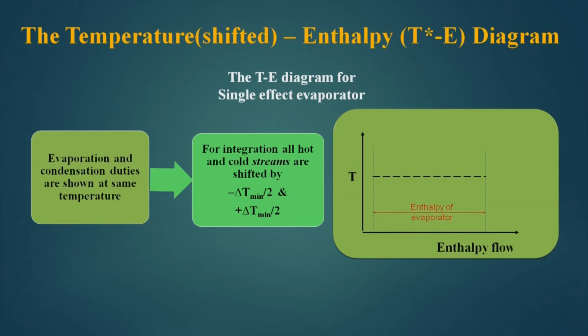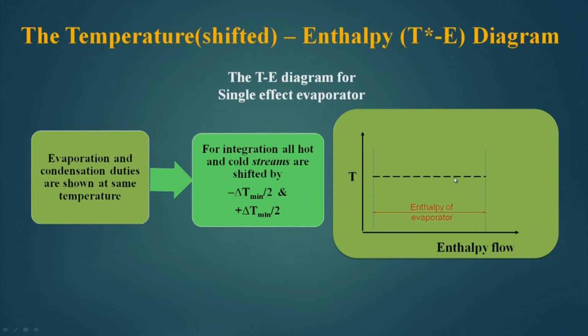So, this is the line which, if shown in actual temperature, will coincide. The temperature of the boiling liquid and the vapor which is being created due to this boiling liquid will have the same temperature.